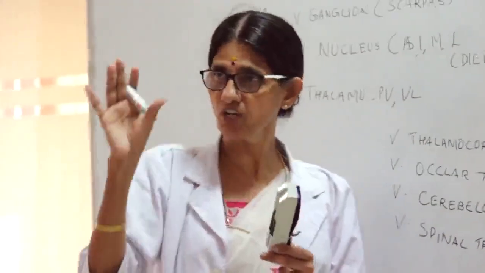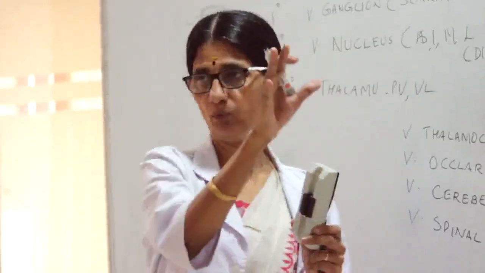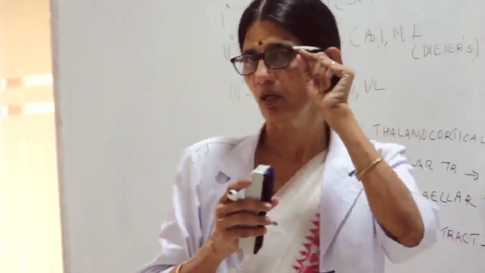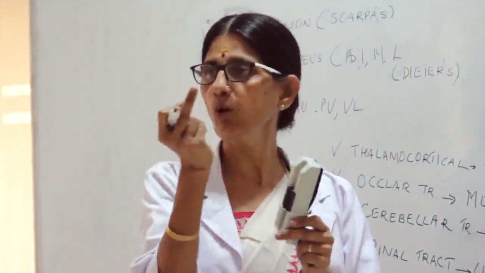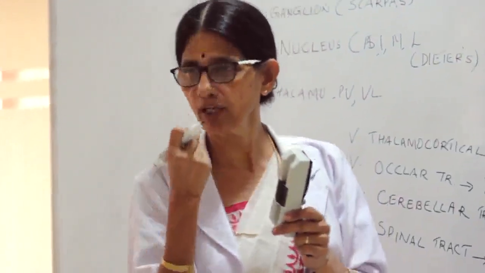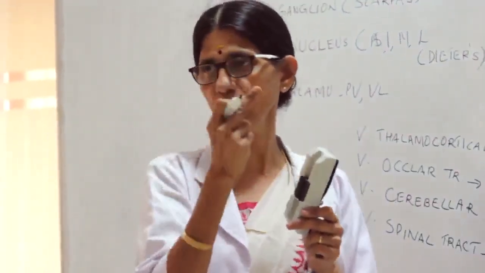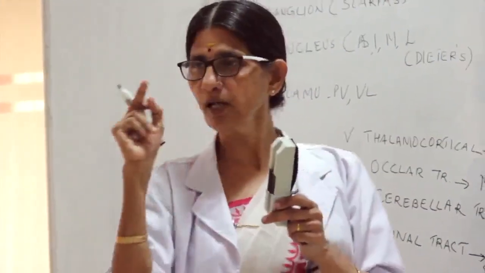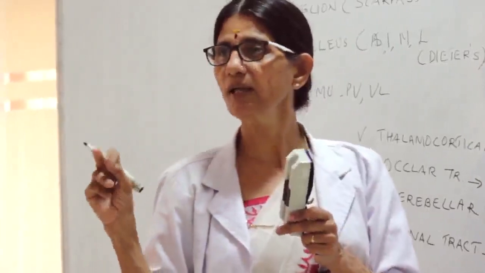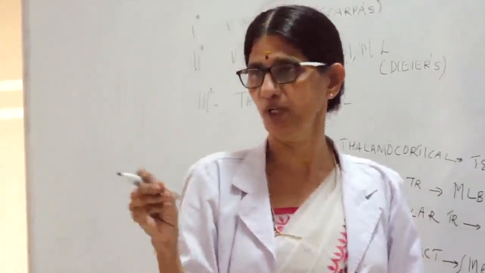So the objects are stationary, but they appear to be moving because we are moving in the train. So this person who is focusing his gaze on a particular point or object, when we are observing, we see that his eyes will be slowly moving as the vehicle is going on in a direction, and the movement will be very slow until a point where the eyes cannot be moved further.